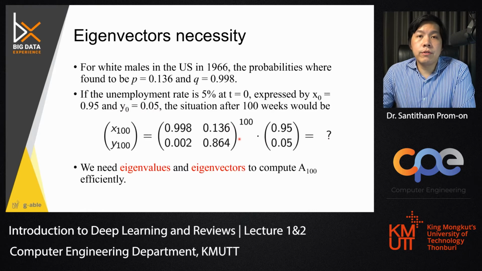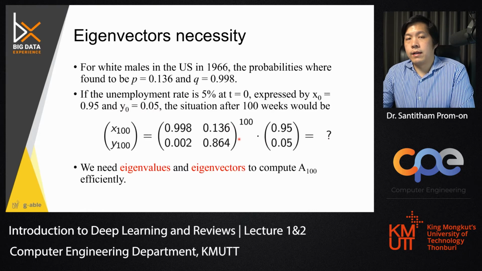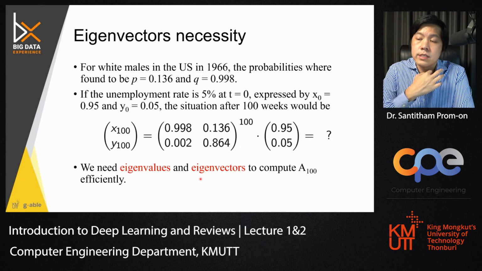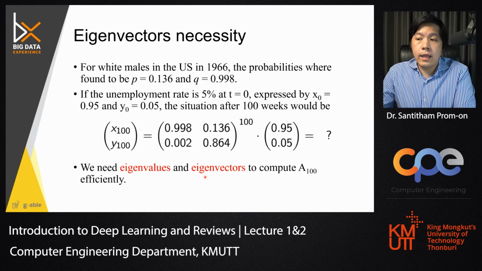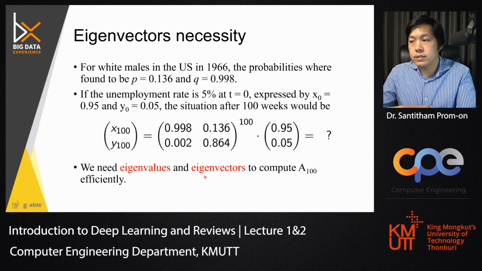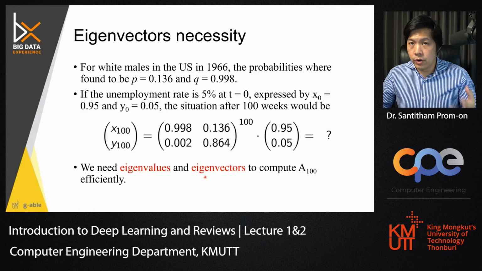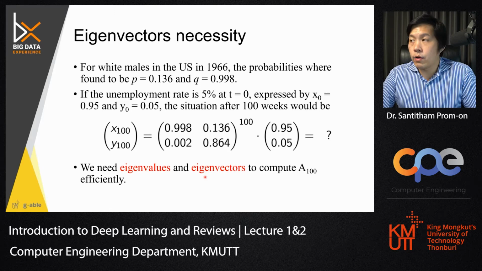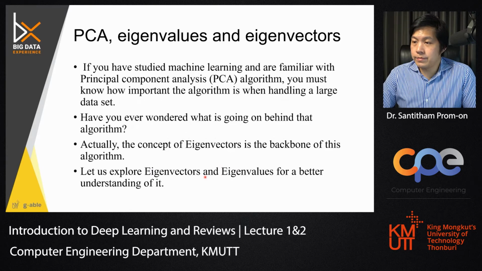You don't need to multiply it 100 weeks or 1,000 weeks, because you can decompose this matrix and find eigenvalues and eigenvectors, and then know the equilibrium values if you multiplied it 100 or 1,000 times.